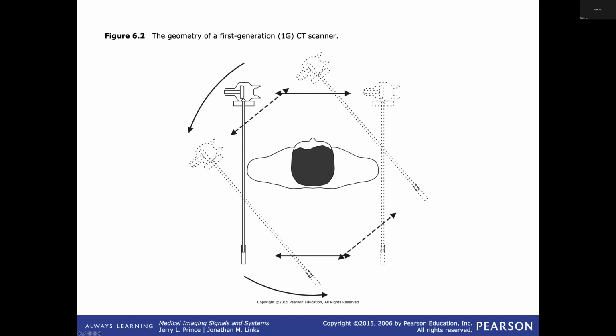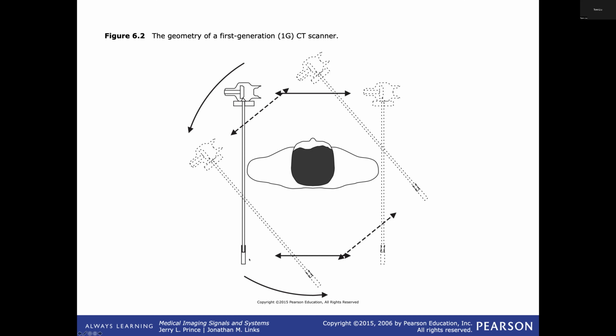So let's look at the basic structure of how the data is obtained for this. Essentially, in the original invention of CT, it was thought there'd be a source and a single detector, right?